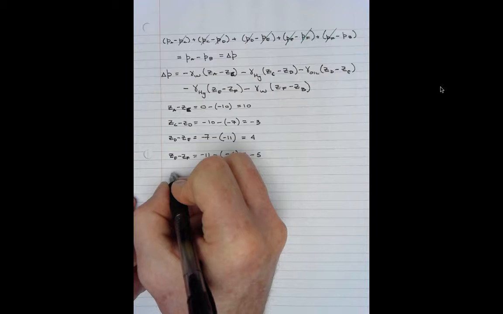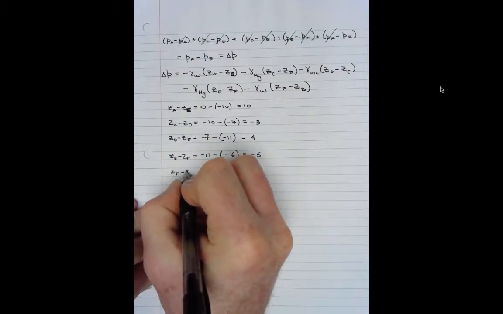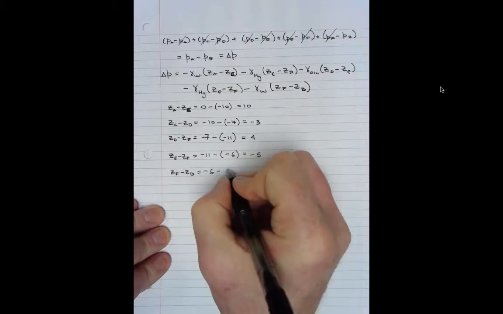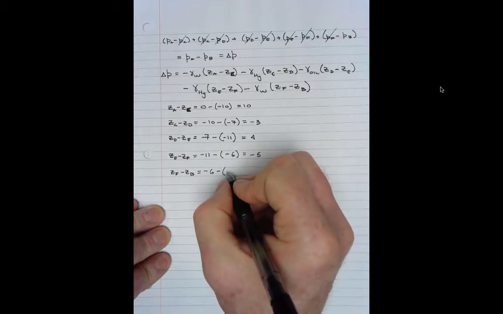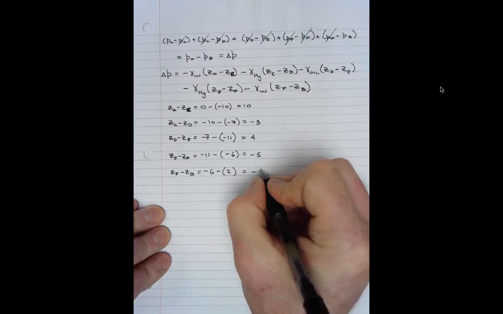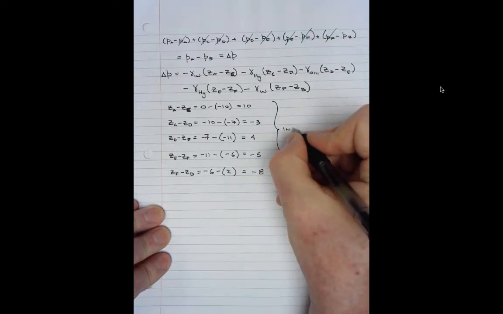And lastly, ZF minus ZB equals minus 6 minus 2, which equals minus 8. And these are all in inches.